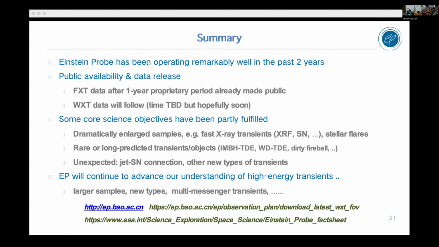For the autonomous follow-up, if the transient meets some criteria, it does automatic follow-up, so there's no human intervention. But if the signal to noise is lower, it maybe cannot trigger the onboard follow-up. And basically, we publish all the autonomous follow-up observations in the GCN circulars.